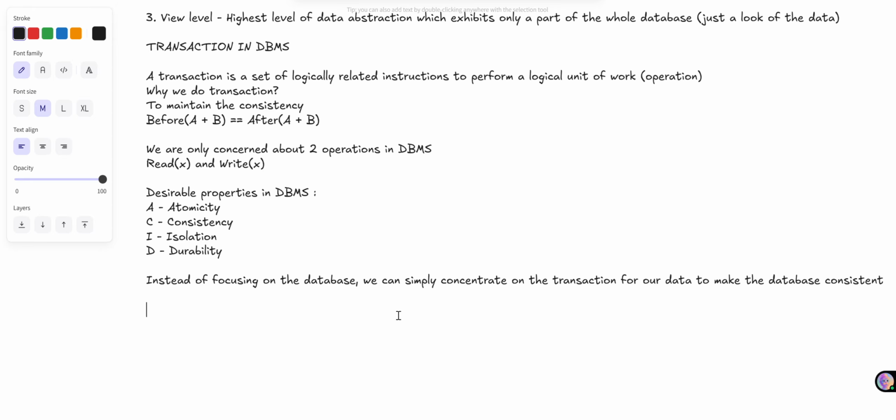Let me now explain the four properties in detail. So first is atomicity. What is atomicity? I already told you that either work should be fully done or not done. It should not be in half.